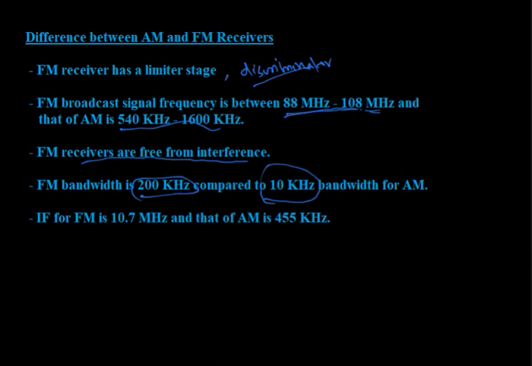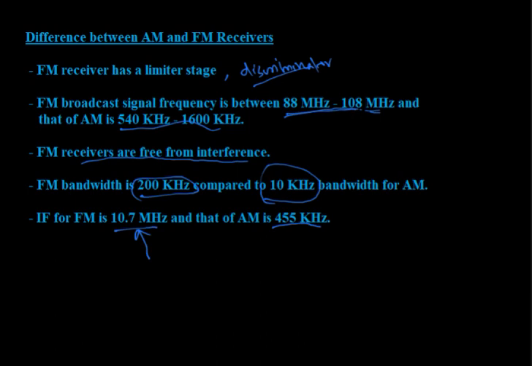And if you consider the intermediate frequency of FM and AM, in the case of AM the intermediate frequency is 455 kilohertz, but in the case of FM it is 10.7 megahertz. So it is a very high frequency, so that we can use fine tuning in the case of frequency modulated waves while the signal is amplified.